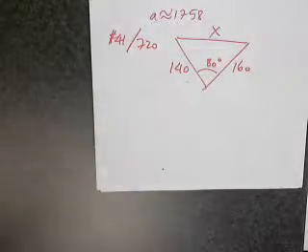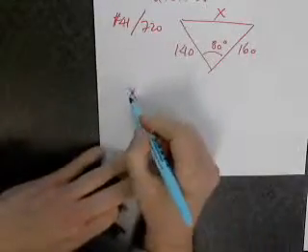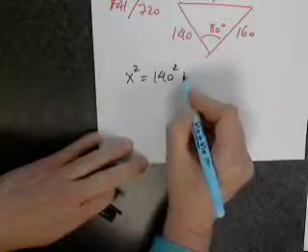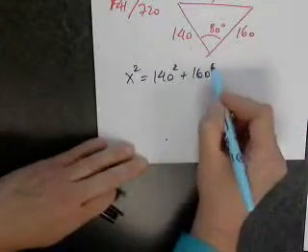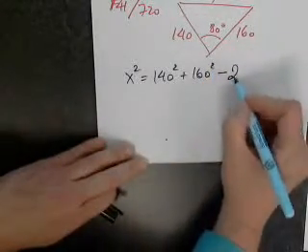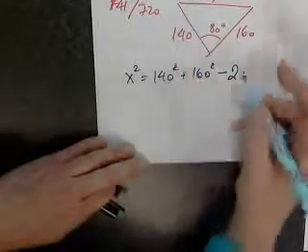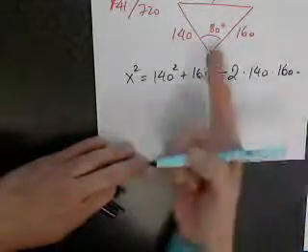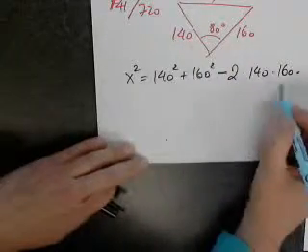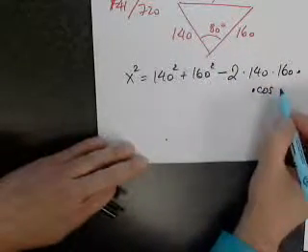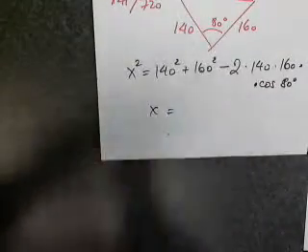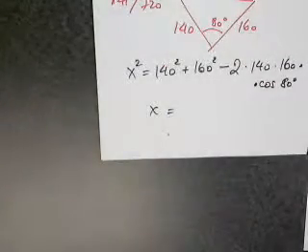Yes. X squared equals 140 squared plus 160 squared, but minus now 2 multiplied by 140, multiplied by 160, multiplied by, that's why it's called cosine, cosine 80 degrees. And don't forget to take the square root. So again, I have to put everything in the graphing calculator.